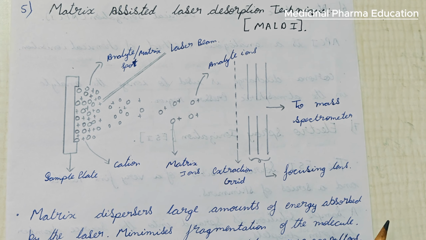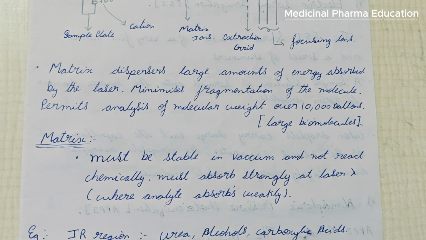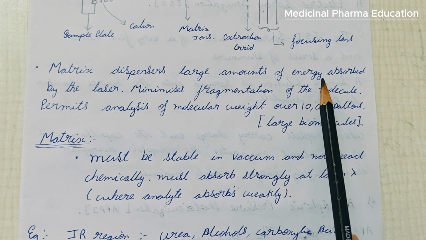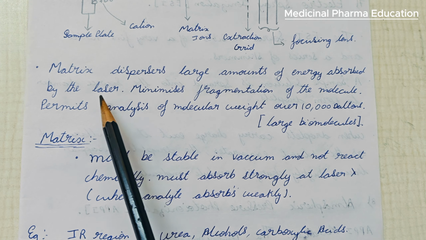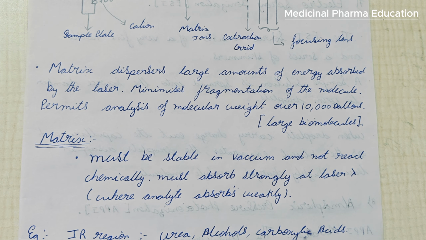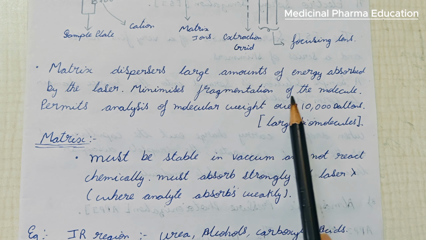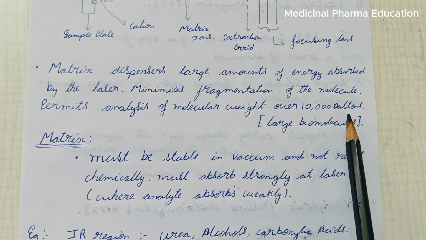We'll see the theory, then I will explain the diagram. The matrix disperses the large amount of energy absorbed from the laser, minimizes fragmentation of the molecule, and permits analysis of molecular weights over 10,000 daltons.